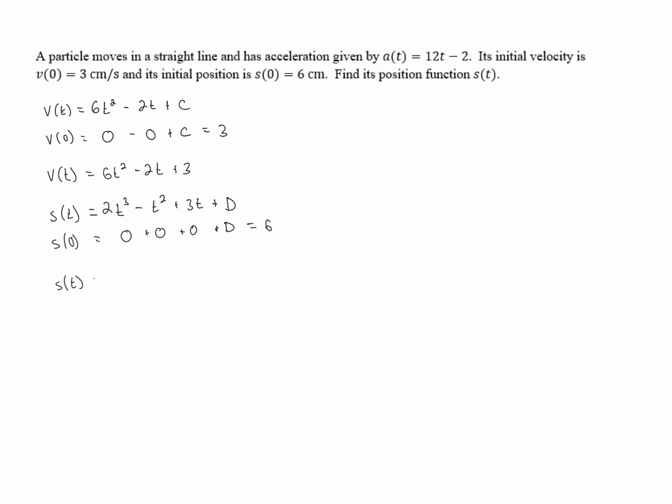So we can plug that in and get our final position function, 2t³ - t² + 3t + 6. And this is measured in centimeters because, well, the problem is in centimeters and speed would be centimeters per second, and then position would be centimeters. So there we go. We have the position function.